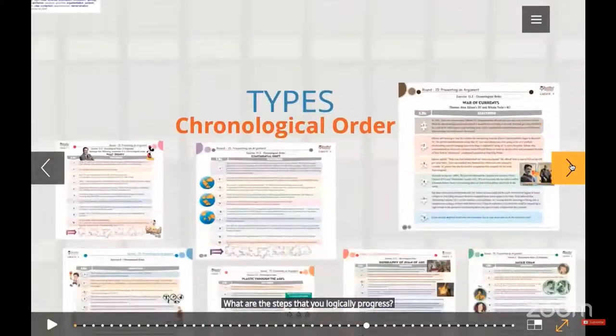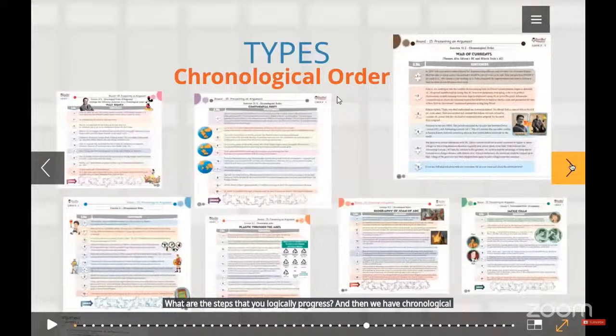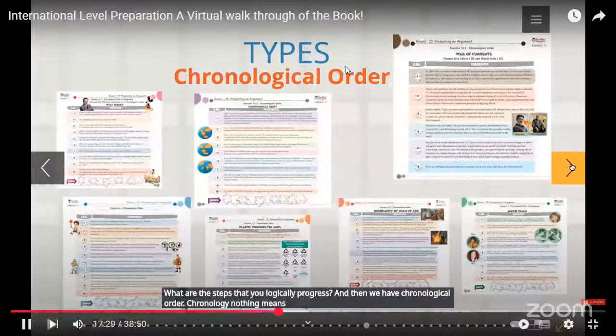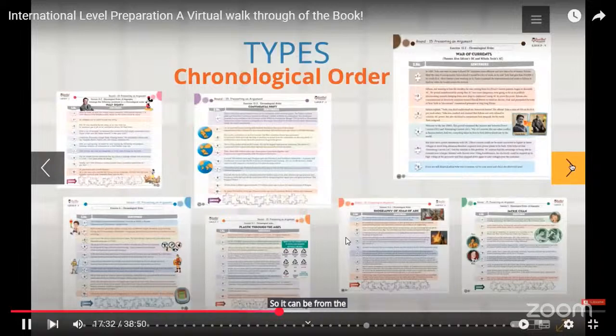And then we have chronological order. Chronology just means time order. So it can be from the present to the past or from the past to the present. We have here some interesting biographies about Walt Disney, Joan of Arc, and continental drift: how continents used to be one single landmass and how through the course of time they drifted apart.